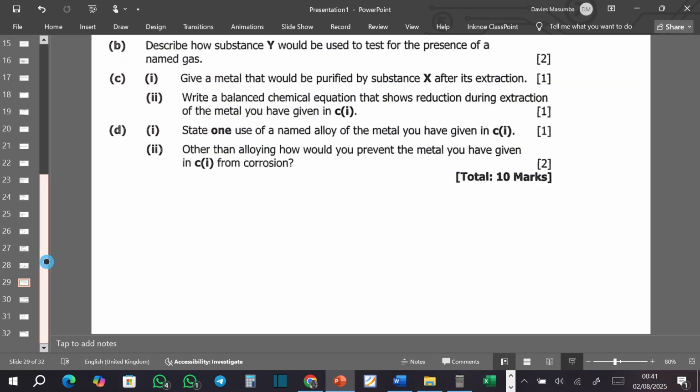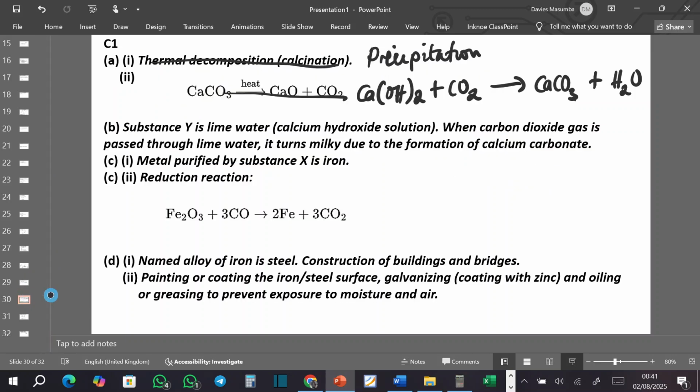Then they said write a balanced chemical equation that shows reduction during extraction of the metal you have given in C1. So we are writing a reduction reaction of iron. Iron comes from hematite, which is iron 3 oxide.